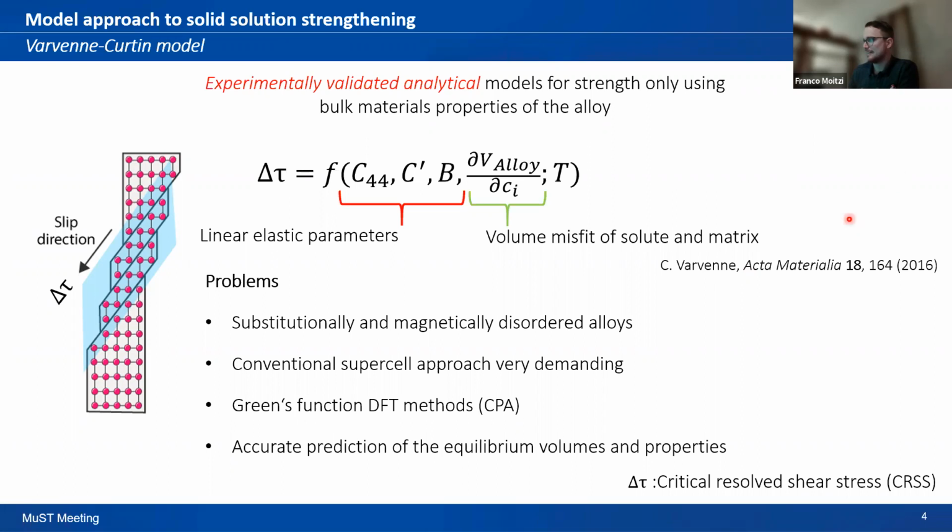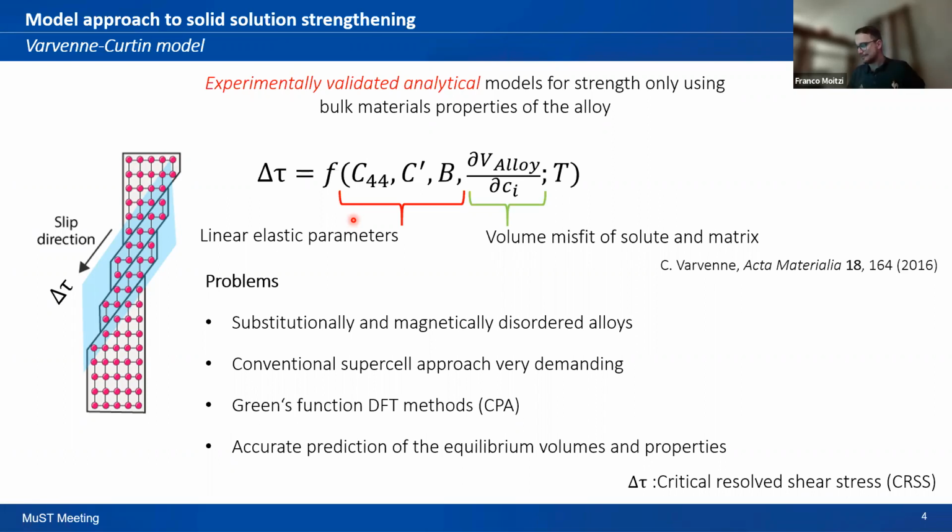However, even calculating these properties for alloys with multiple components that might even be paramagnetic is very, very computationally demanding. And this is where our Green's function method offers a great way to treat disordered systems with really reduced computational effort.